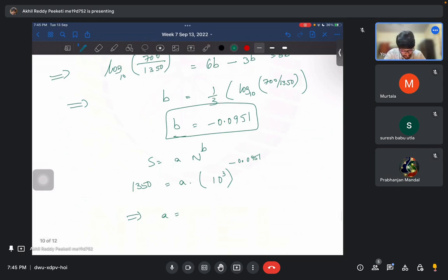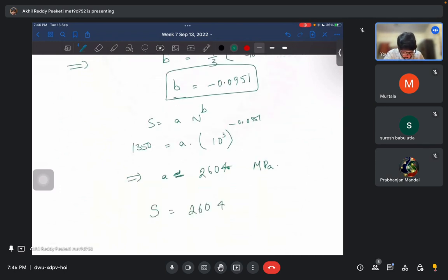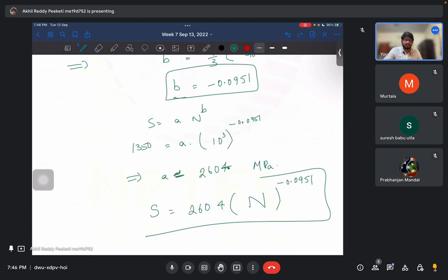So A is 2604 MPa. So the equation is 2604 into N power b. Is this clear now?